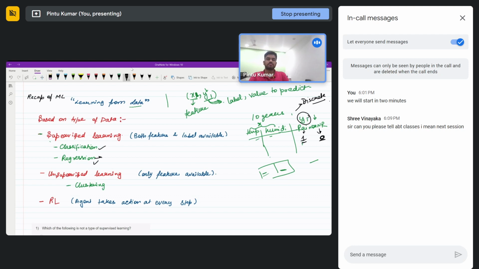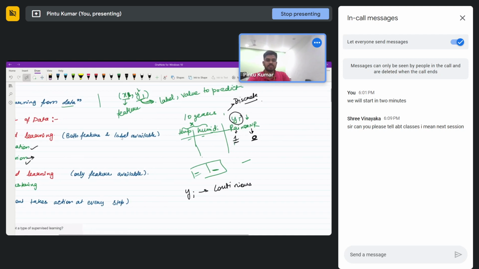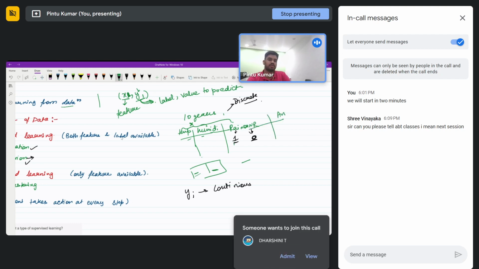Another subdivision of supervised learning is something called regression. In regression, your yi's are continuous in nature. For example, in this example only, let's say rain or not rain was also your feature. This was part of your x, and you want to predict the amount of rain on that particular day.